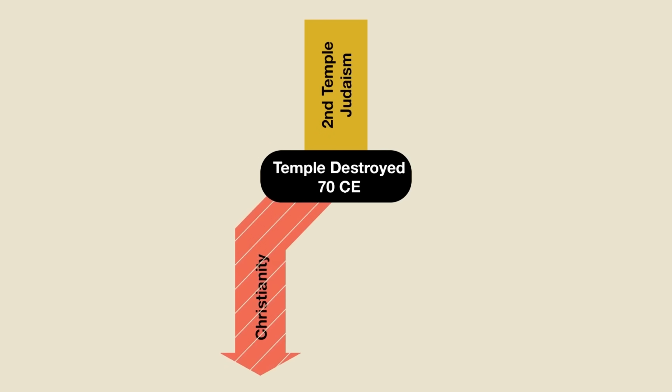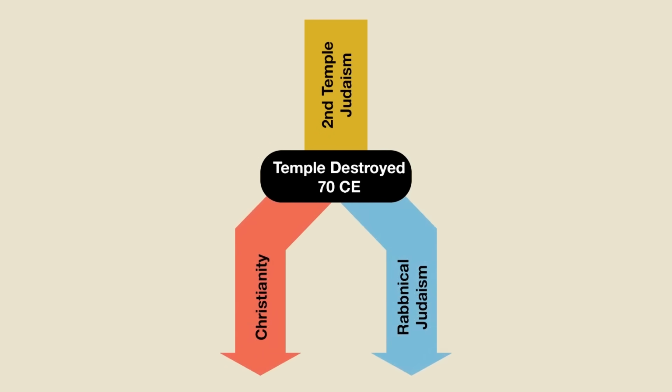But the destruction of the temple forced Judaism to evolve. Personally, I like to think of 70 CE as the date for which both Christianity and rabbinical Judaism were truly born. Both religions developed as a way to deal with the loss of the temple.